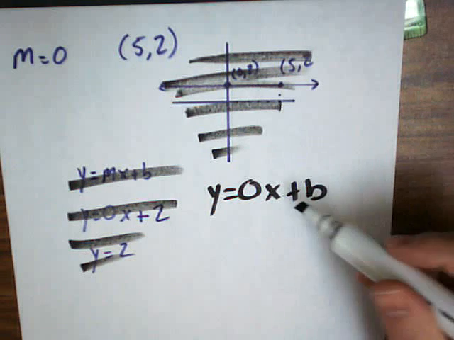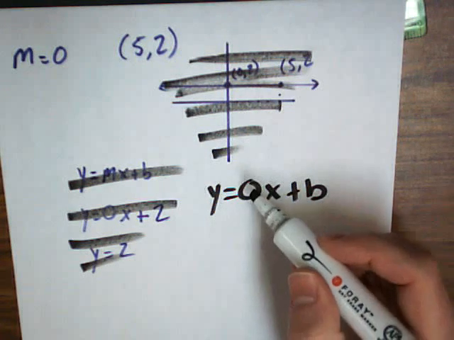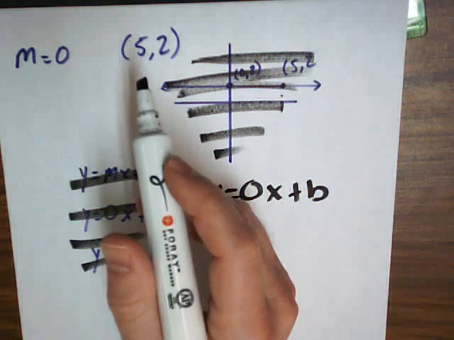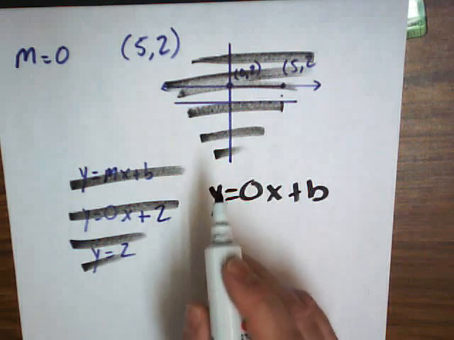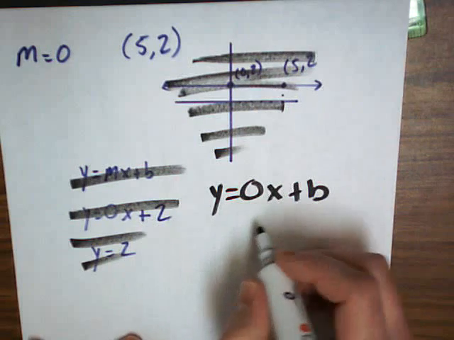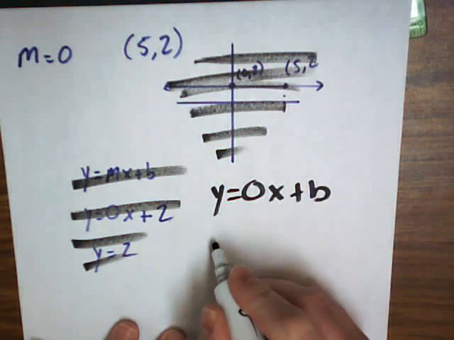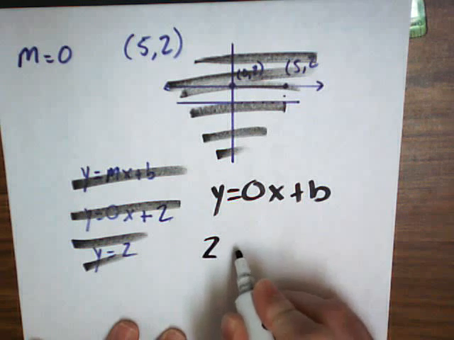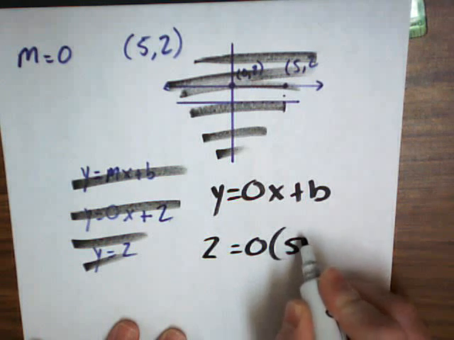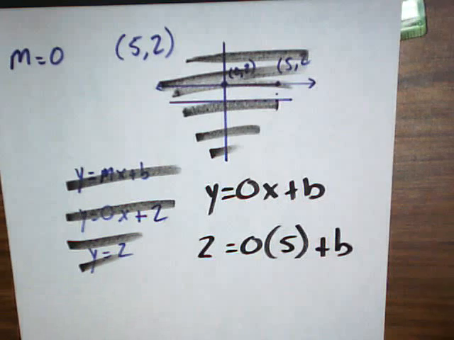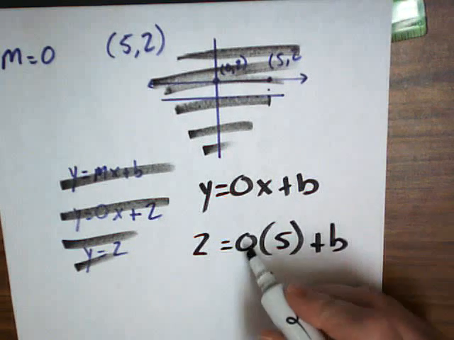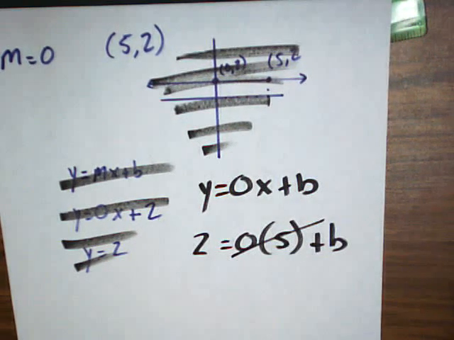So, if you remember from last time, I put the slope in, and then what did I do with that point? I put it in for x and y, didn't I? Yep, that's right. So the x gets a 5, and the y gets a 2. And I love it when you multiply by 0.